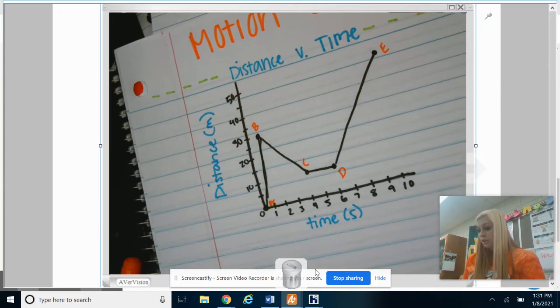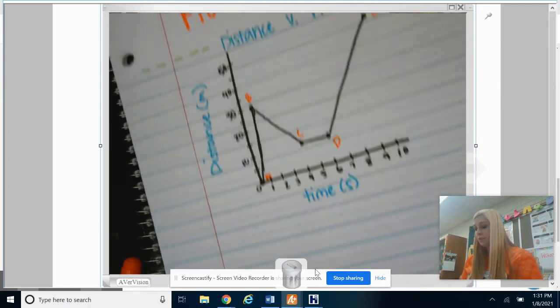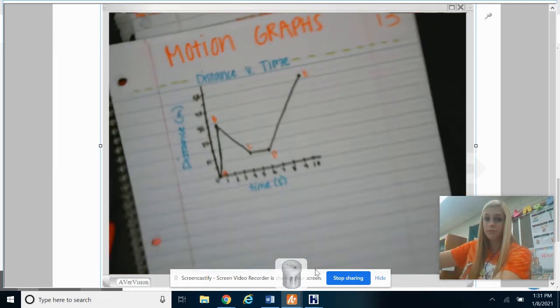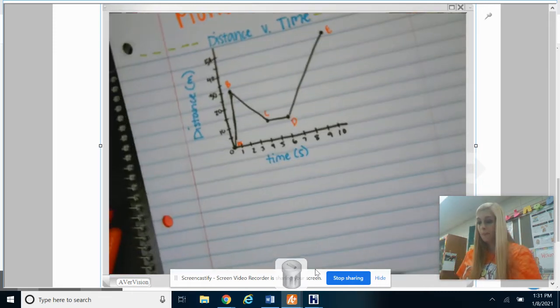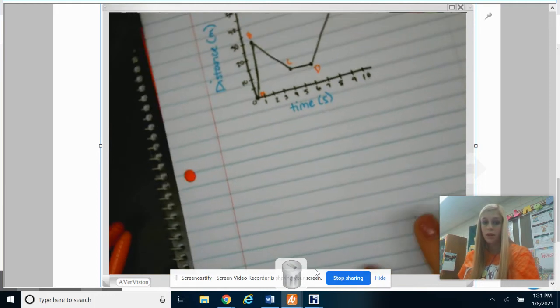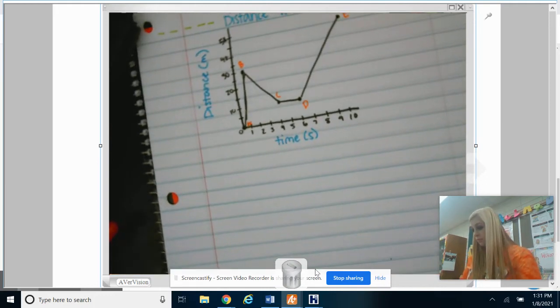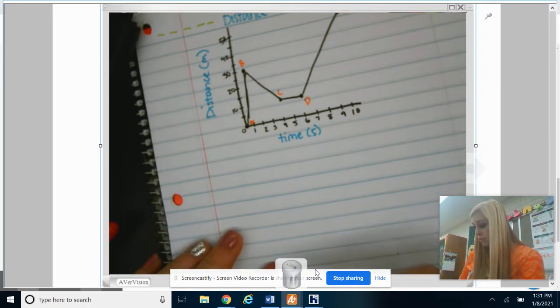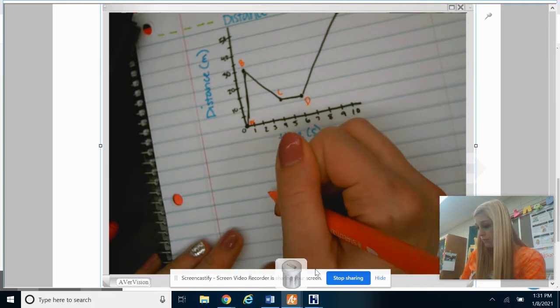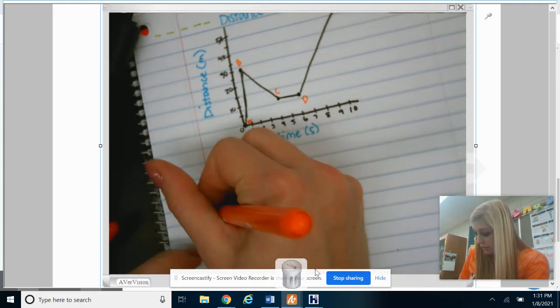Let me zoom back out, and let's skip a few lines, like 3. And let's calculate speed.